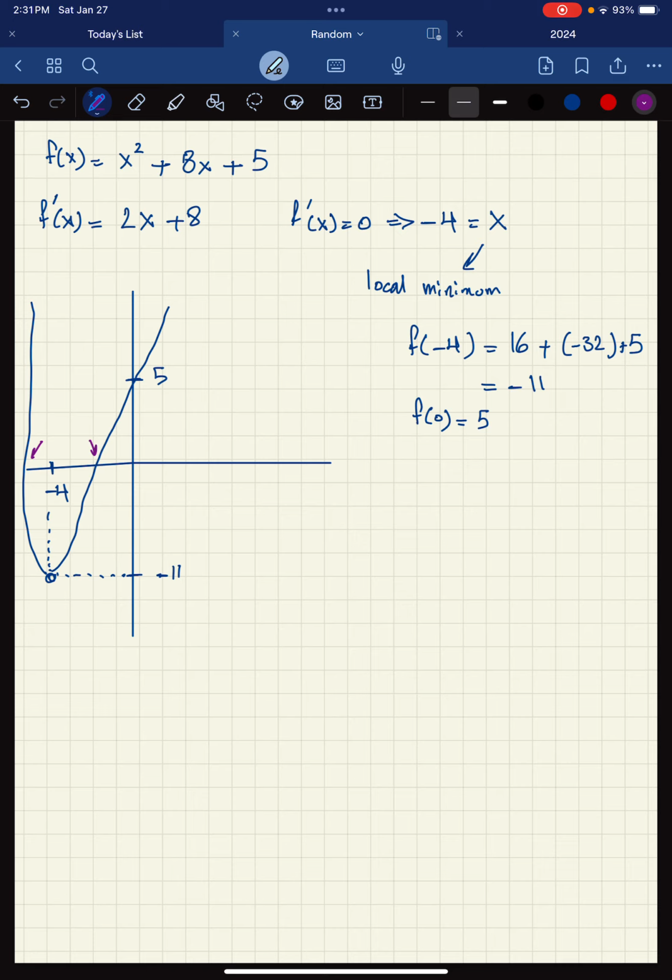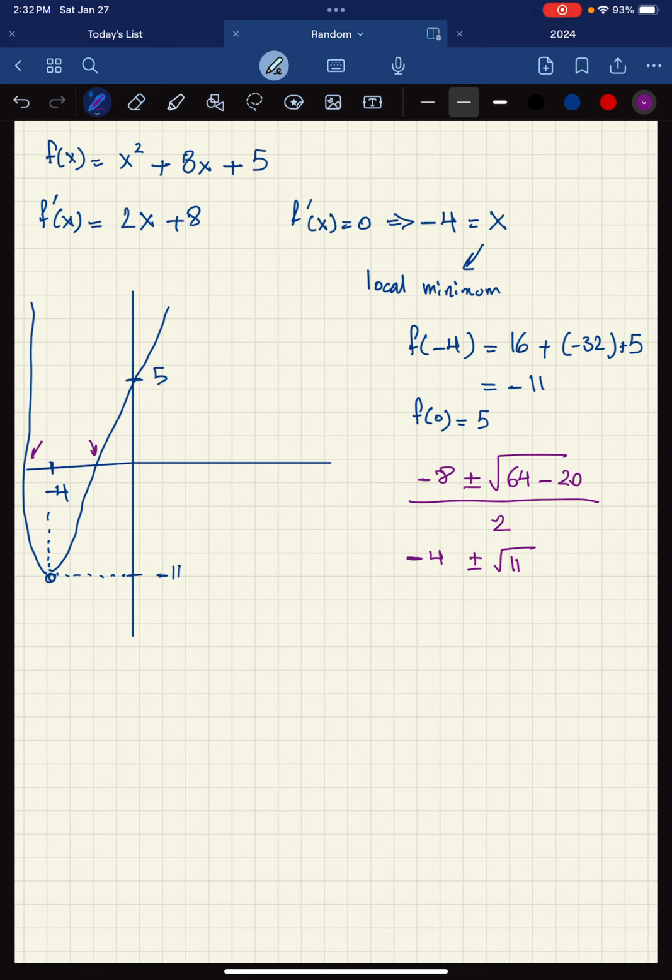I can just rewrite it: minus 8 plus minus square root of 64 minus 20, over 2, which I can just summarize as minus 4 plus or minus square root of 11. So you can see that these are the two places that our function collides with the x-axis.